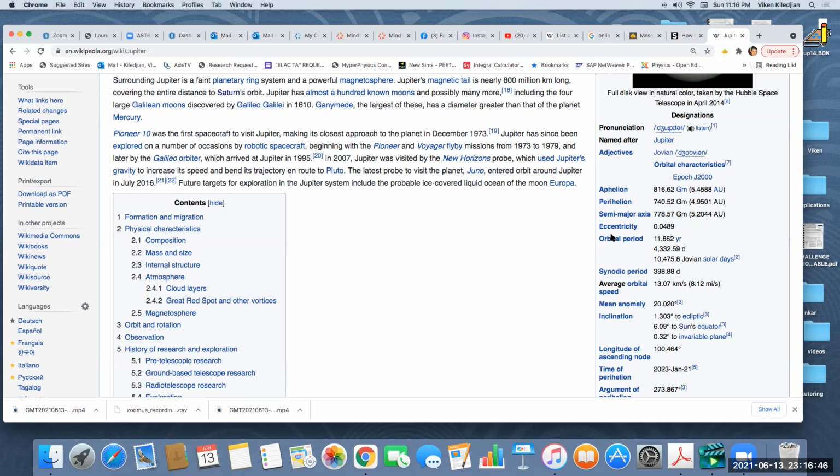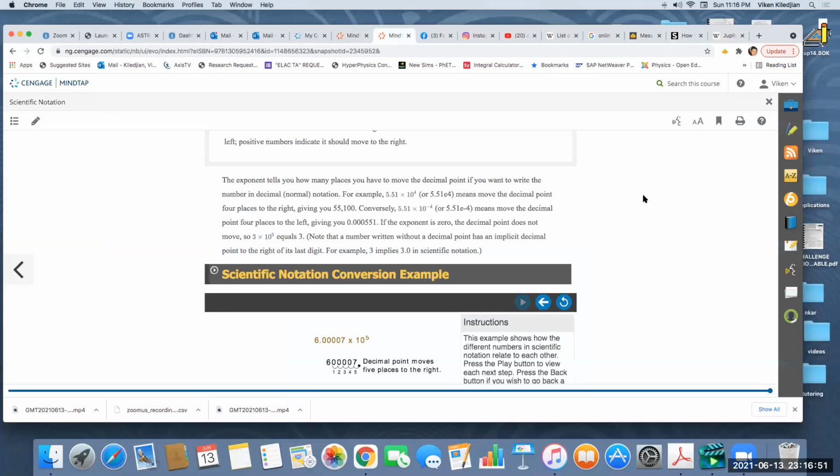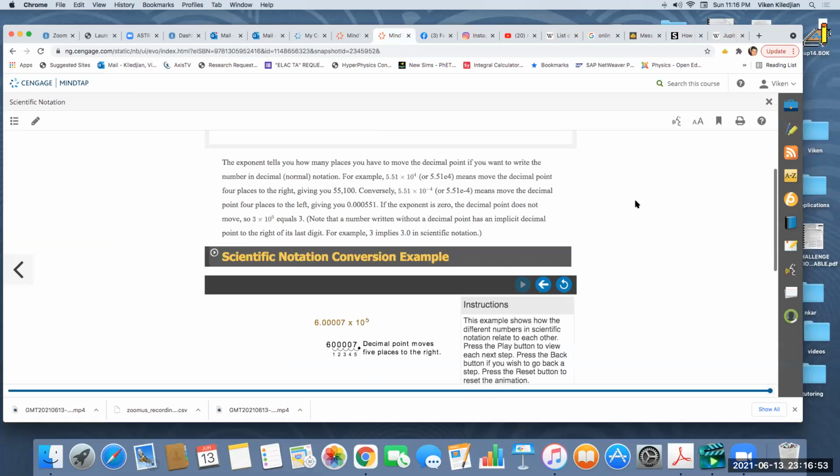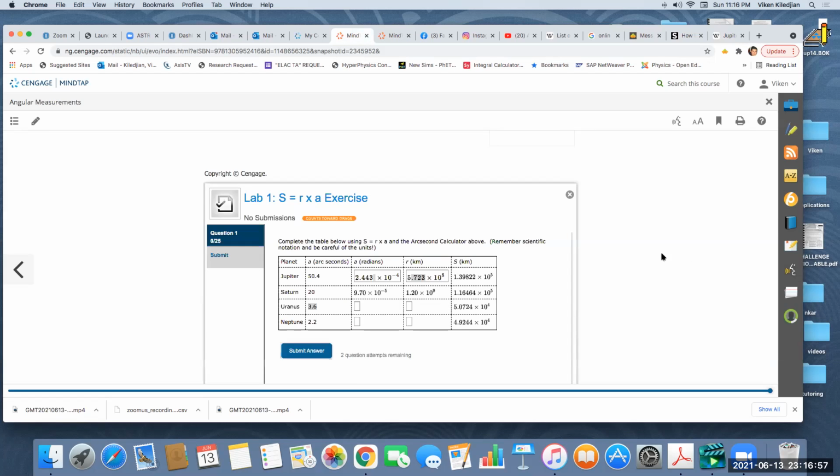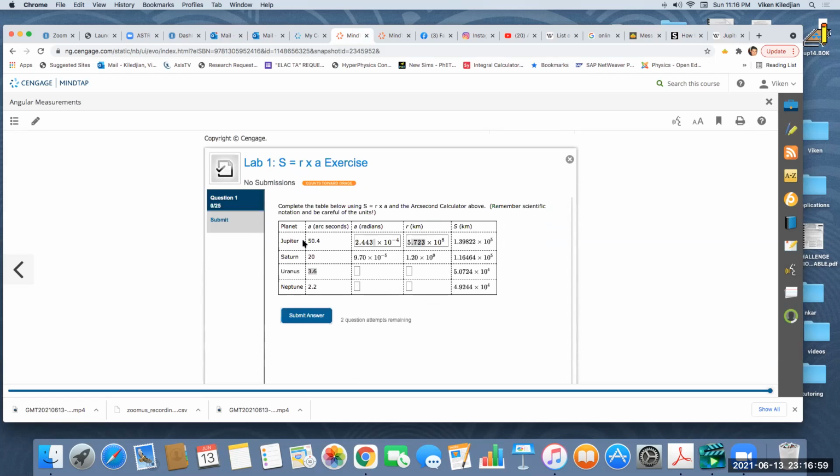But it's not matching the result that we're getting. And that's most likely due to the fact that the arc seconds they're giving us here exactly is maybe a rounded number or something, so not exact.